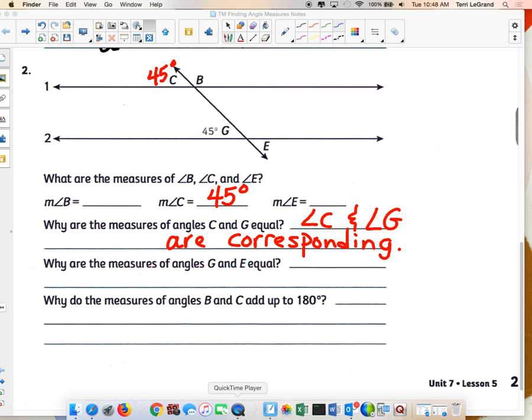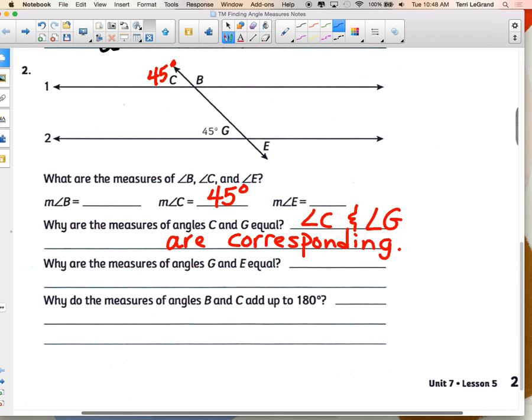They're vertical. Okay, so angle G and angle E are vertical. So that means vertical angles are equal, so we know that E is 45 degrees.